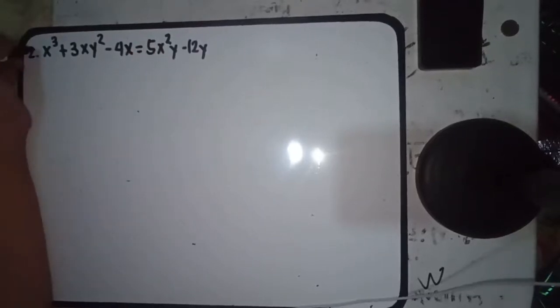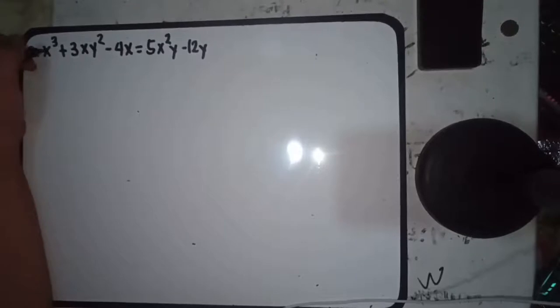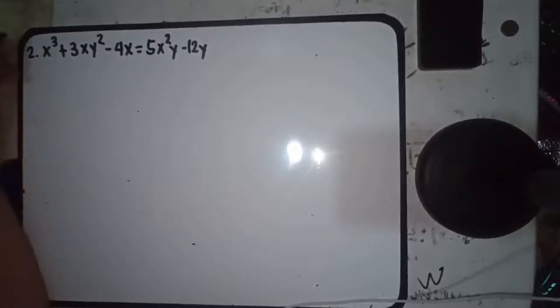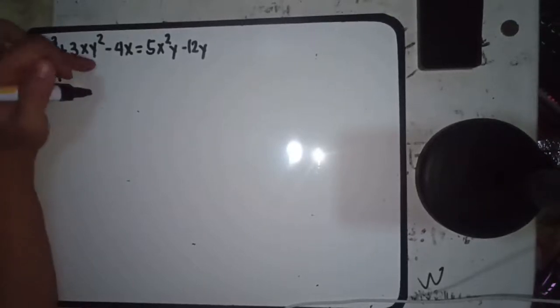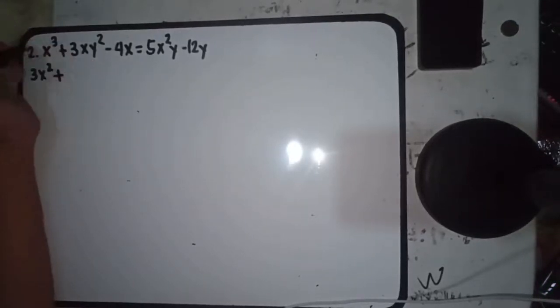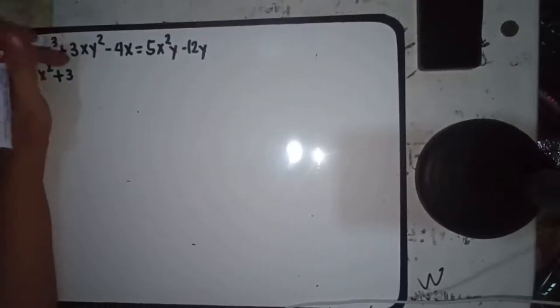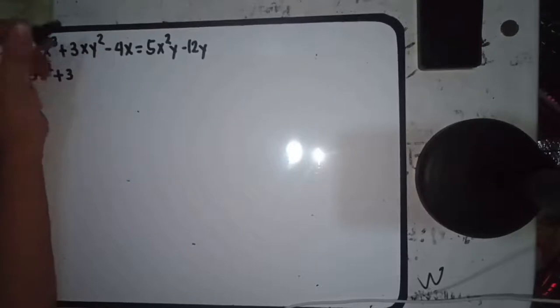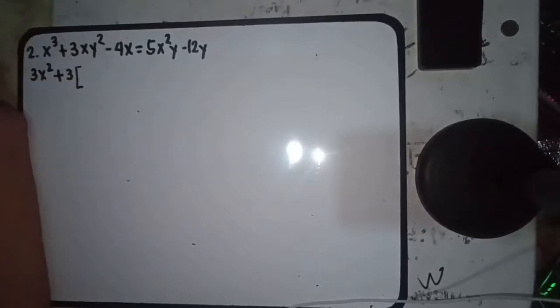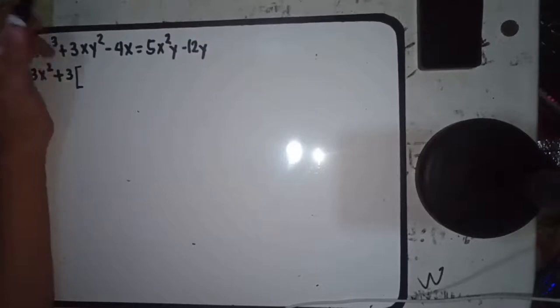Okay, so differentiate na tong x cubed. Okay, derivative ani we have 3x squared plus constant times multiple. So, pwede igawas na to si 3. And then, we have to apply product rule for xy squared. Again, for product rule, we have UDV plus VDU. So, our U is x.